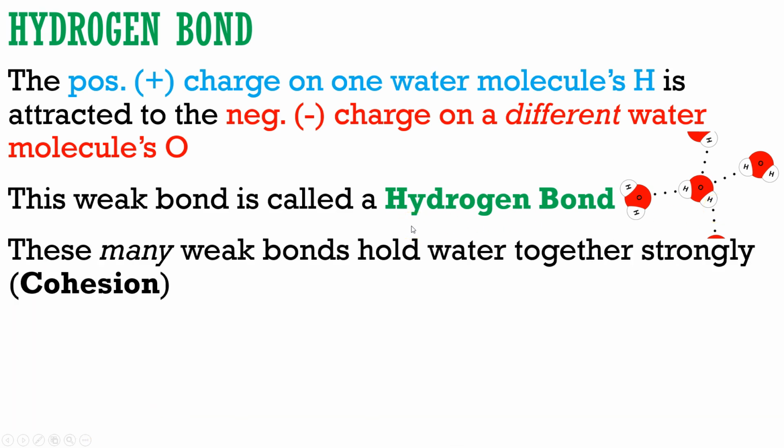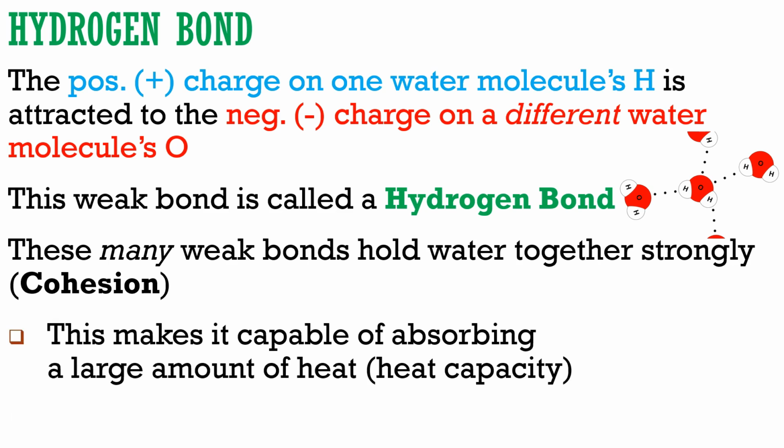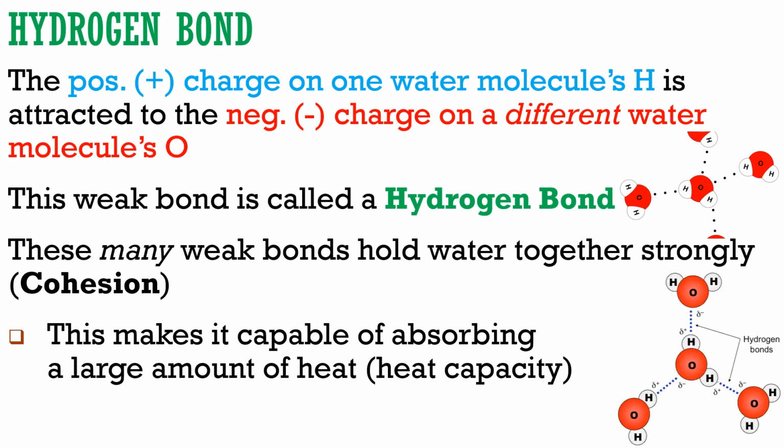These many weak bonds actually build together, they multiply to make water hold very, very tightly against itself. We call this cohesion. And the fact that water binds so tightly to itself means that it's capable of absorbing a huge amount of heat. This is why water takes so long to heat up or cool down. We would say it has a lot of heat capacity, all because of these up to 4 hydrogen bonds between each water molecule and the ones around it.